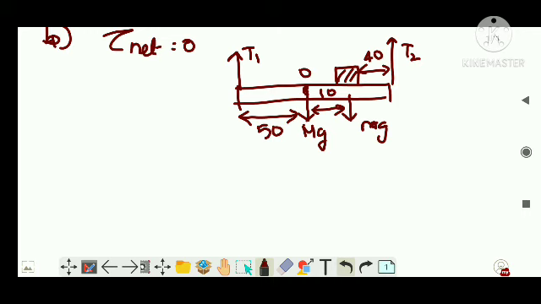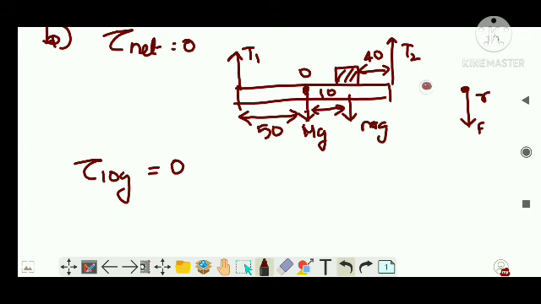Now torque due to 10g, that is due to this one, I would say it is 0. Why? This is the point of rotation and the force acts through this point, so there is no r.